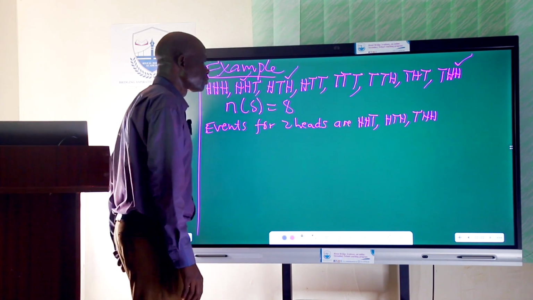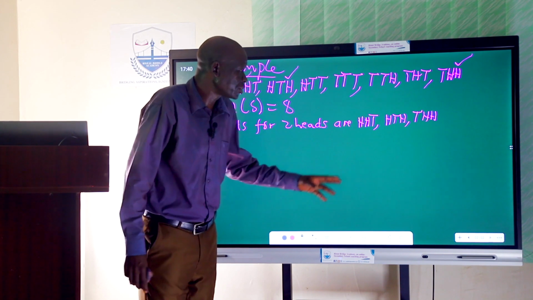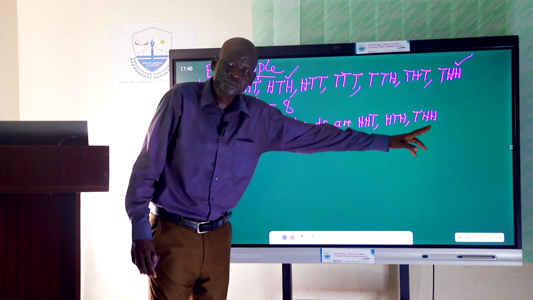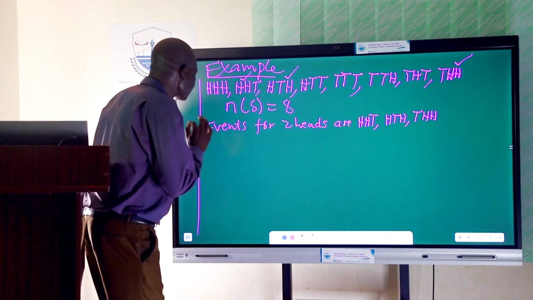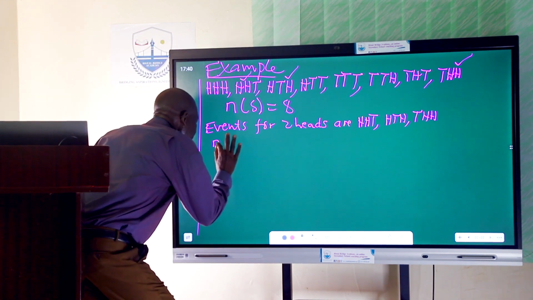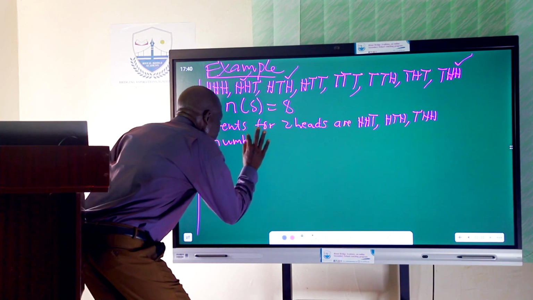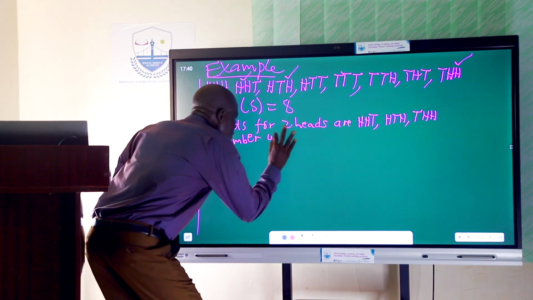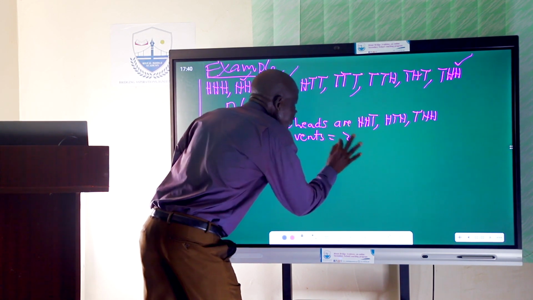Meaning that the number of events is equal to 3. We count them 1, 2, 3. The number of events is equal to 3.